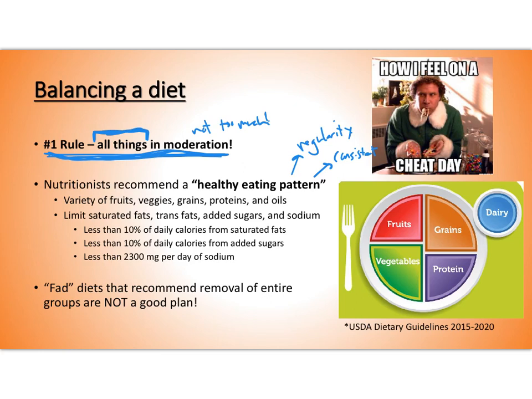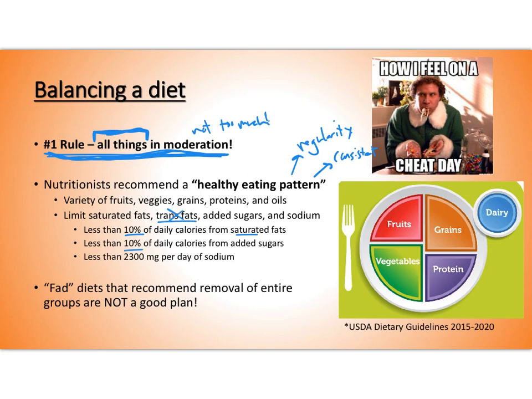So if we look at the USDA current guidelines, they tell you that you should have a variety of carbs, lipids, and proteins, so fruits and vegetables, grains, oils. They do urge us to limit saturated fat, so less than 10% of your daily calories should be saturated. They urge us to limit trans fat completely, right?